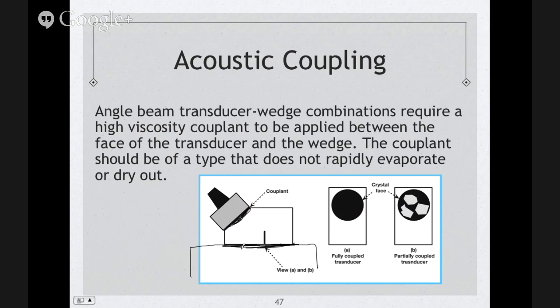Because if you have coupling here, but you have nothing here, then you'll just have reflection back into your transducer. You won't have any transmission. But you want to transmit into your wedge, and then from your wedge into your material. You want to have two couplings, always there, in between your transducer and wedge if you're using one, and also between your wedge and your material.